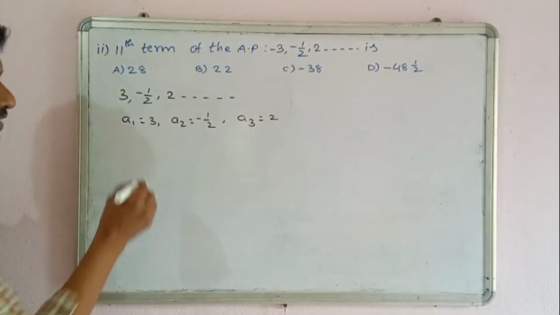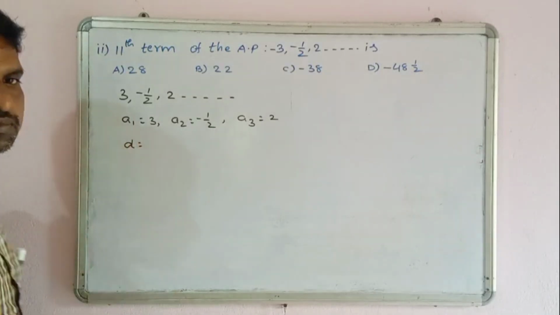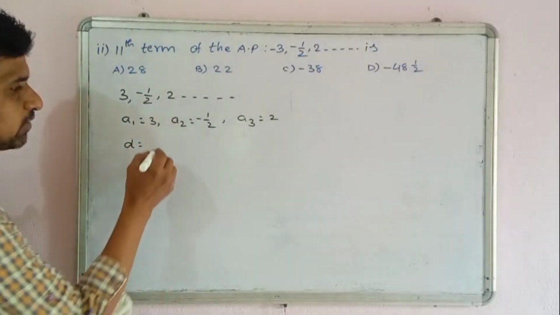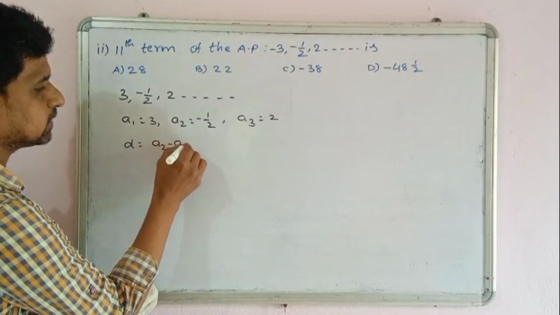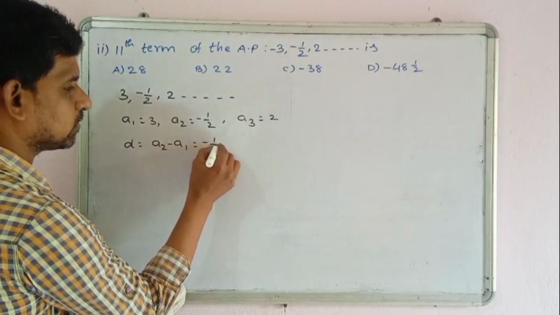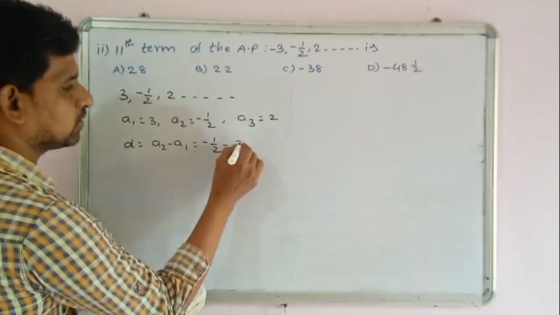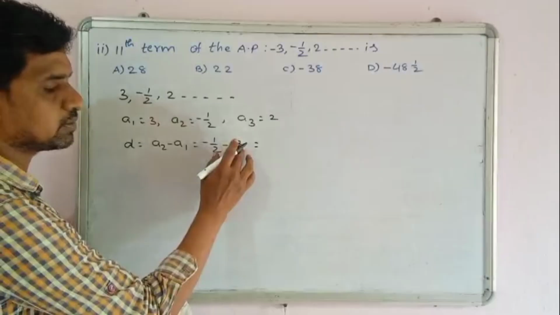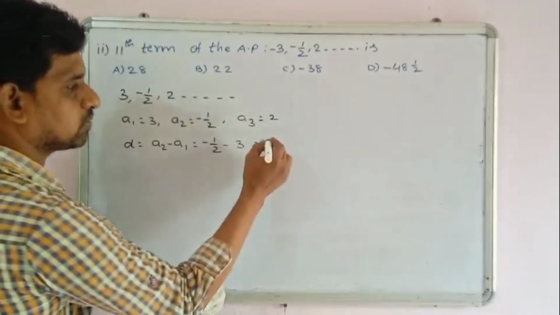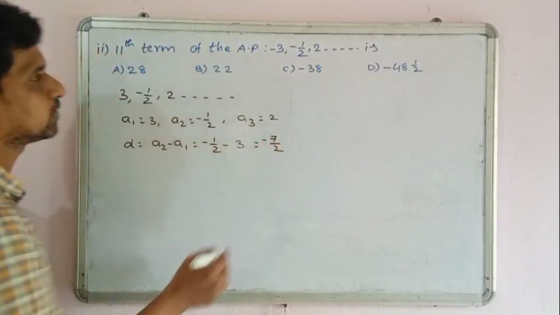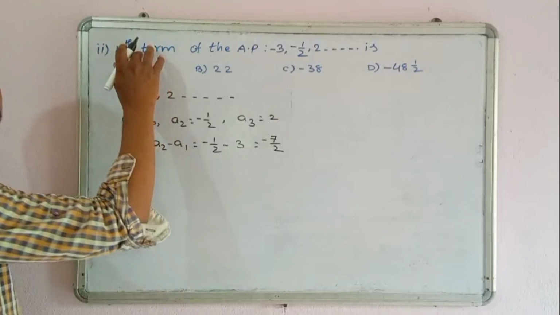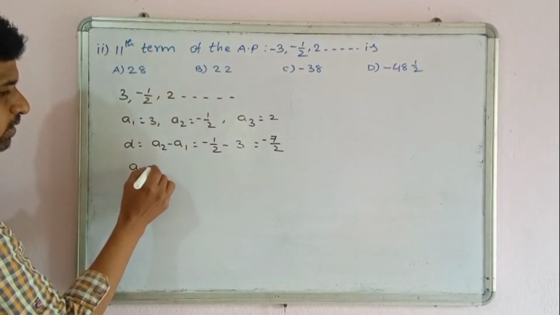Okay. First find the value of D. What is the D formula? A2 minus A1. So that equals minus 1 by 2 minus the A1 value 3. 2 times minus 3, minus 6, minus 1, minus 7 by 2. Now we will find the 11th term. First, what is the nth term formula?